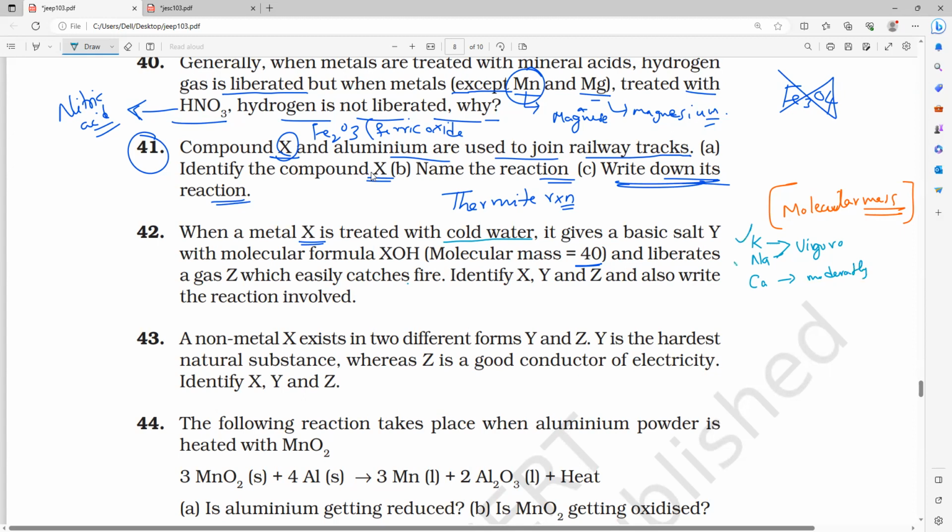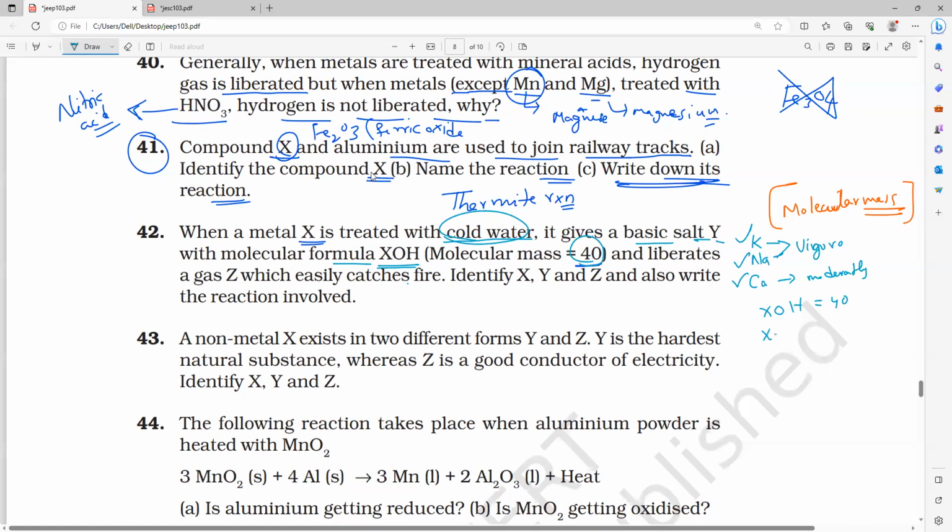By reading the words cold water itself, you should identify which metals are going to react. It gives a basic salt Y with a molecular formula XOH whose mass is 40.